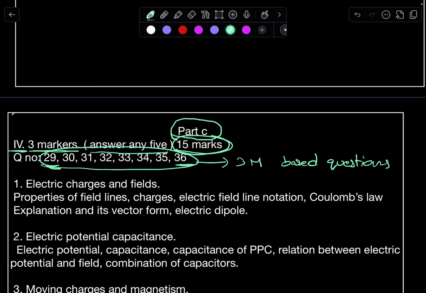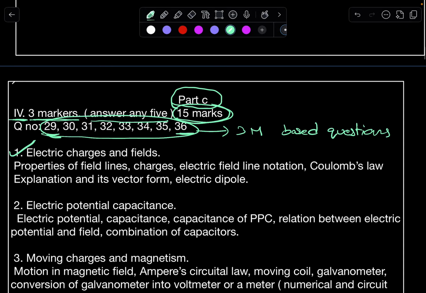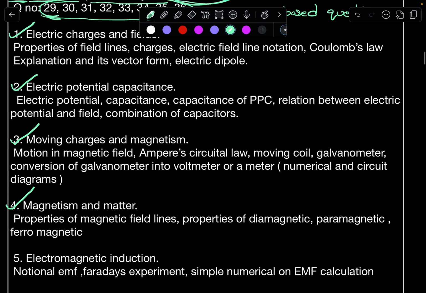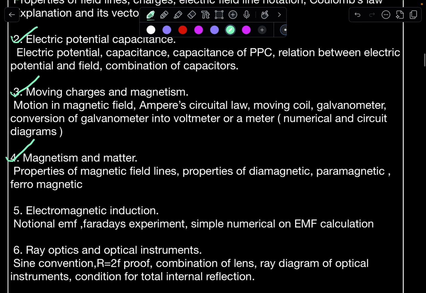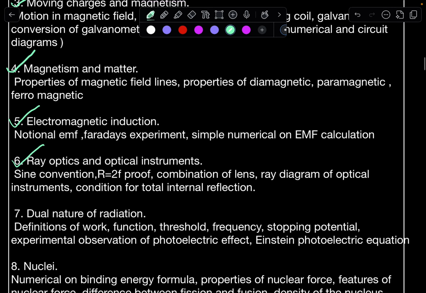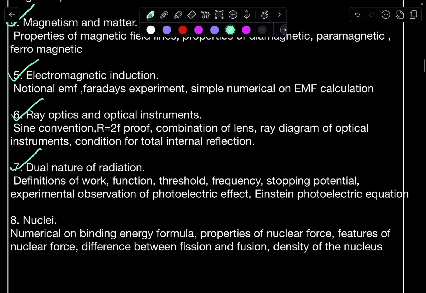So what are the most important chapters? First of all, in which chapters will they ask 3-mark questions, we will see. The first chapter, electric charges and fields. Second chapter, electric potential and capacitance, and moving charges and magnetism. Next, magnetism and matter, and the other ones are electromagnetic induction, ray optics, dual nature, and nuclei.